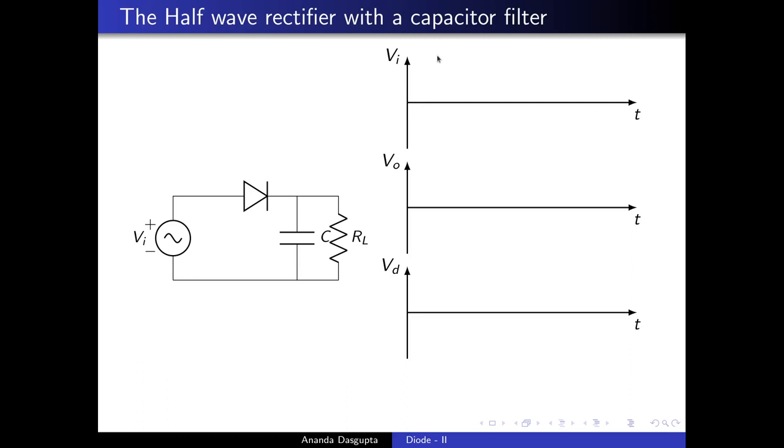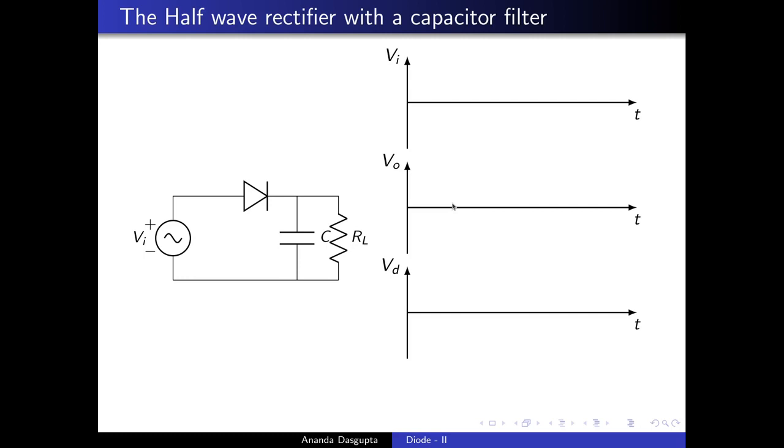The input voltage will be plotted here, and as I keep advancing the animation, you will see the input voltage keep changing sinusoidally. Here we will have the output voltage, the voltage across the resistance and capacitance parallel combination. Of course, there's the same voltage across both. So this voltage is going to be plotted here.